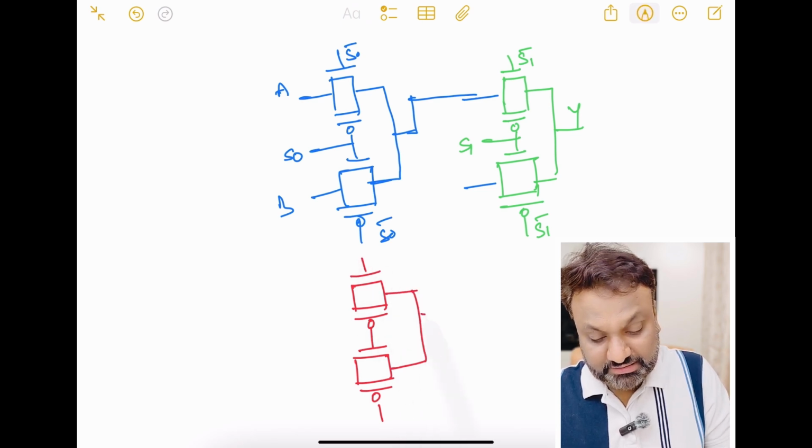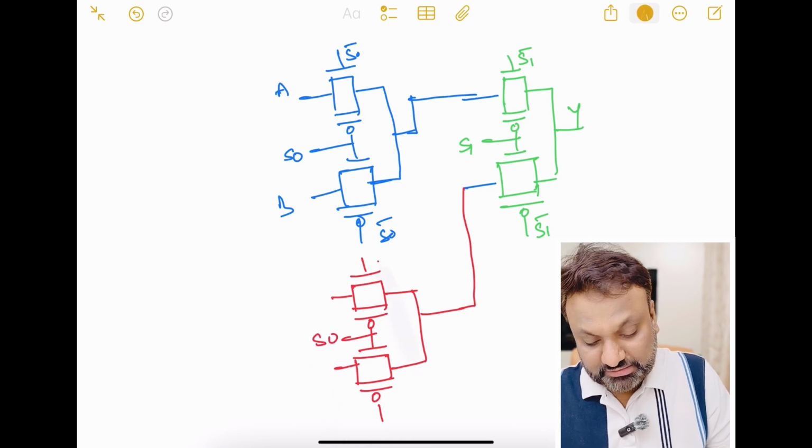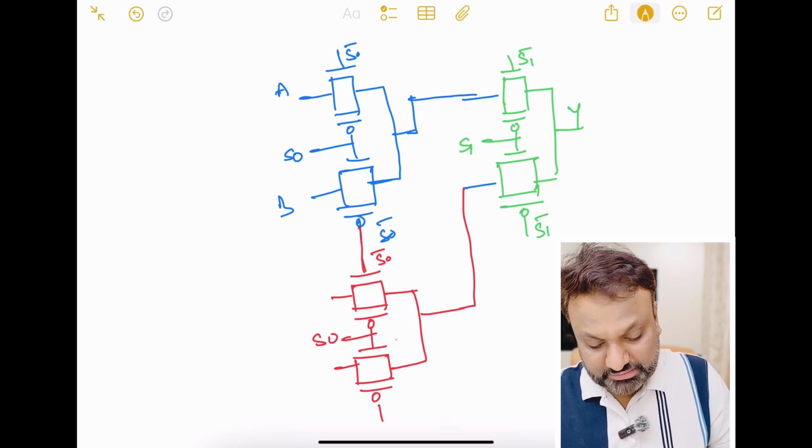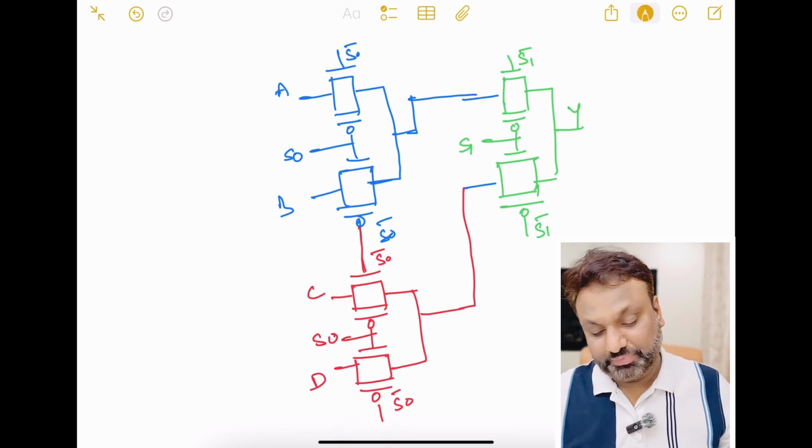The output is connected with this input, and the selector line is S0 again. Here it will be C and D.